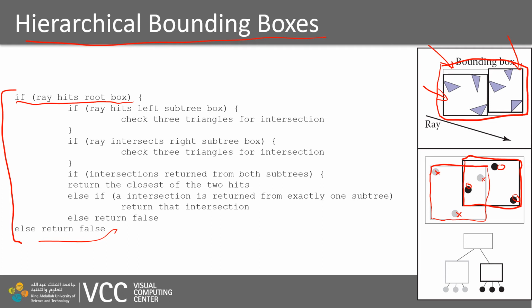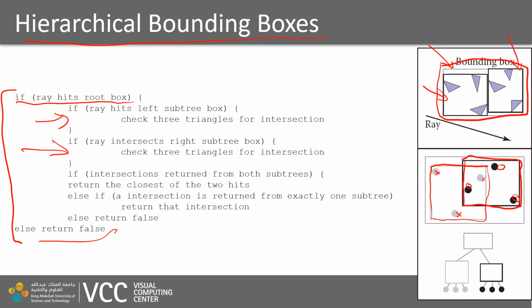But if we have a hit, we have to check whether there is a hit with the left subtree. And if that's the case, then we need to check with the triangles which are members of this or are grouped in this bounding box, whether there is an intersection with them. Then we continue.